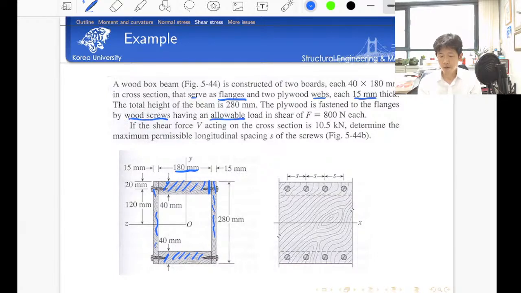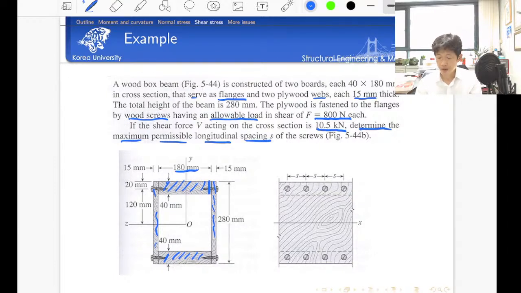The allowable load provided by a wood screw is given by, say, 800 Newton each. And then we need to determine the distance. The shear force is given by 10.5 kilonewton. So we have to determine the maximum permissible longitudinal spacing S of the screws. And this is the problem.